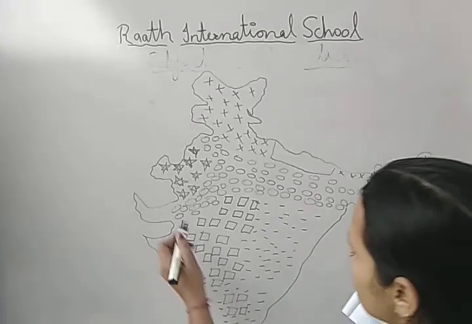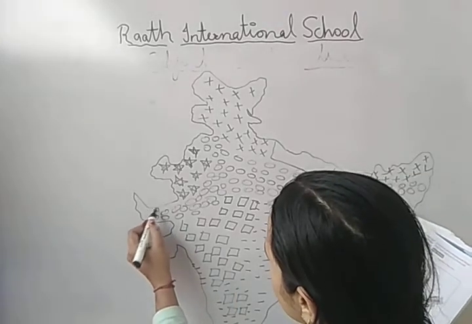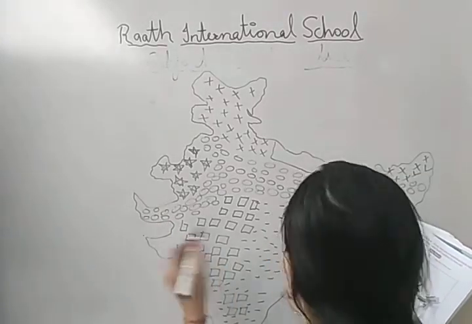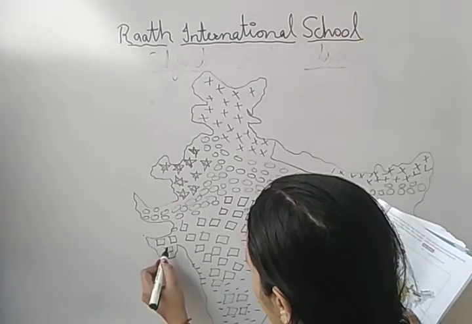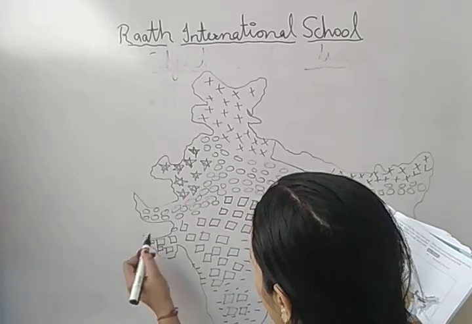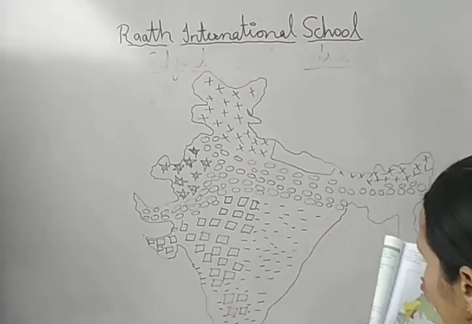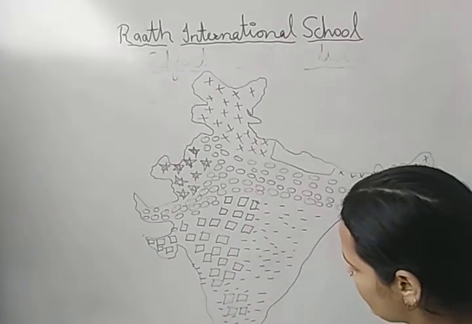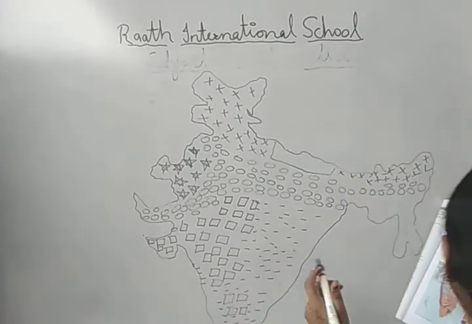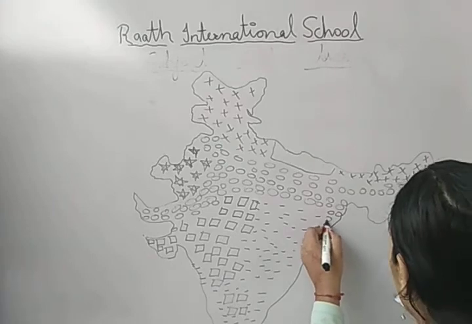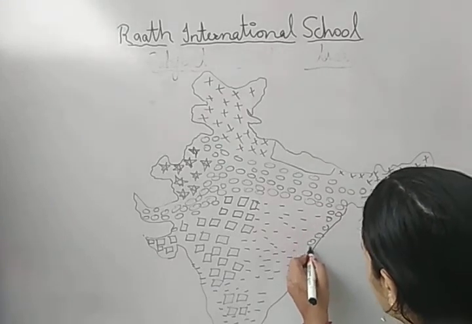Here is the desert soil, that is black soil and alluvial soil. Now these are the coastal areas, and the coastal areas are fertile. So here is the distribution of alluvial soil in the coastal areas.